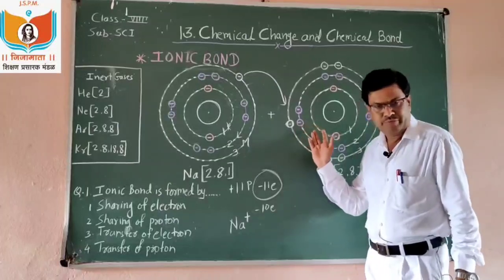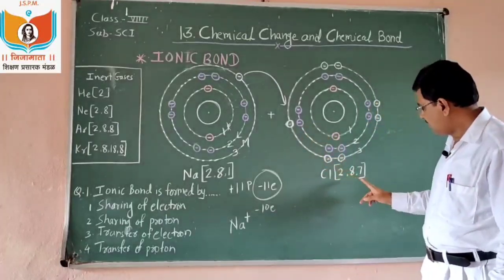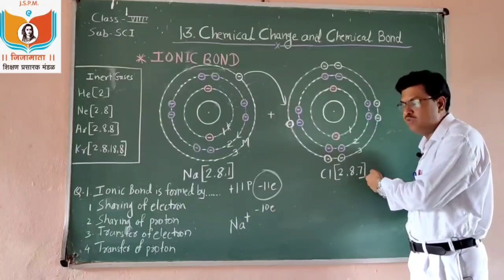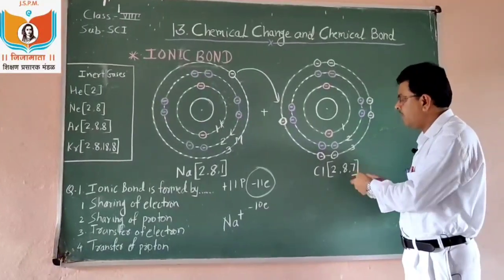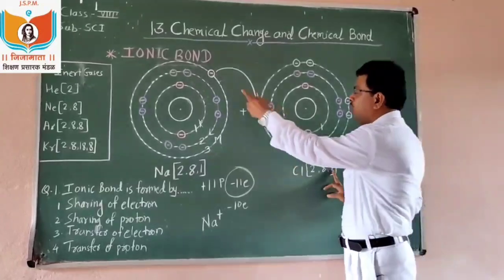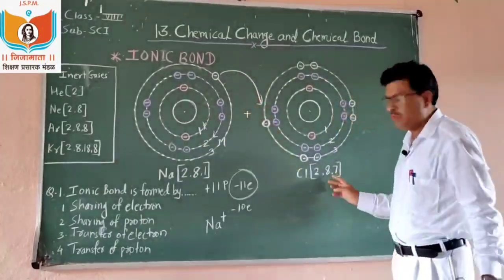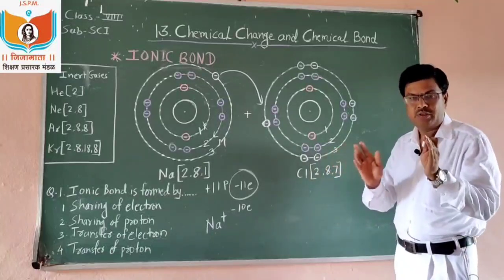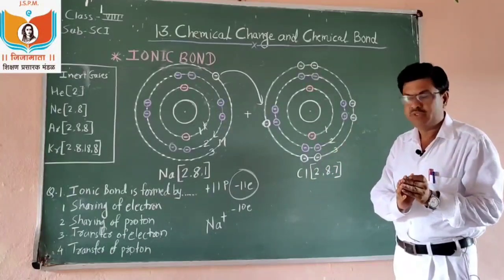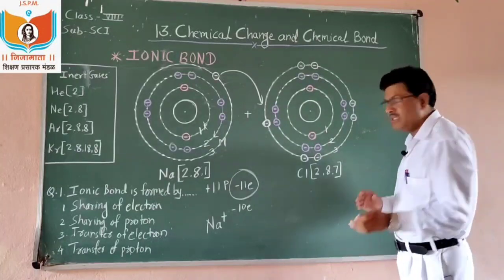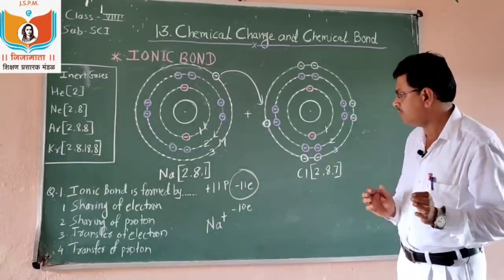What happens with chlorine? Chlorine also has to complete its octet, so it needs 1 electron. When chlorine accepts 1 electron from such elements or other elements, the state of chlorine becomes completely saturated, or the octet state is completed. But the charge here also gets disturbed. How?